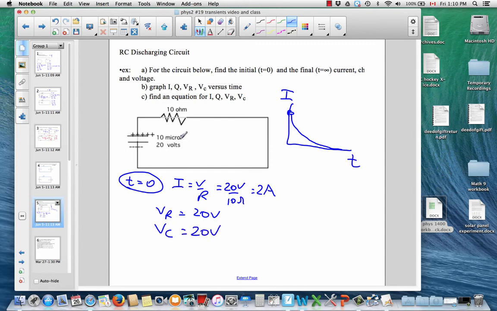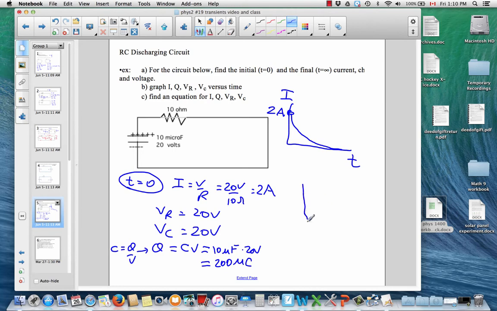And the charge will be CV, because capacitance is charge stored for a given voltage. Q is CV. And so we've got a 10 microfarad capacitor charged to 20 volts, so that's 200 microcoulombs, since a farad times a volt is a coulomb.